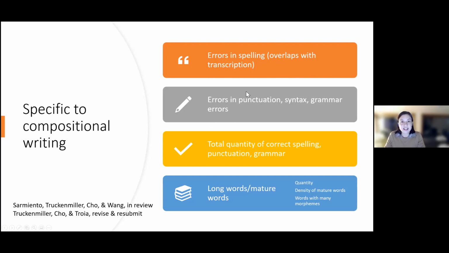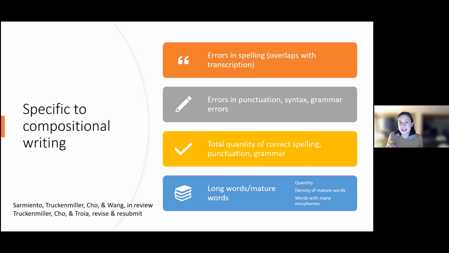We find that errors at the sentence level, so errors in punctuation, syntax, and grammar, also predict a chunk of the variance in students' writing quality. And then we find that the total amount of correct spelling and correct punctuation and grammar, so correct usage at both the word and sentence level, explains quite a bit of students' variability in their writing quality and their performance on state level assessments at the end of the year.